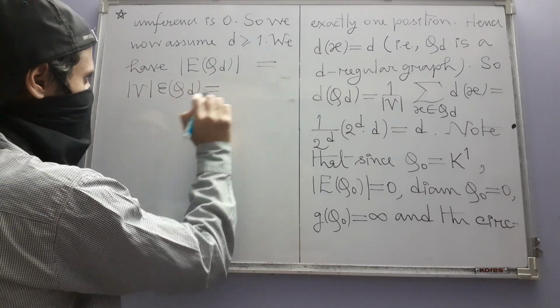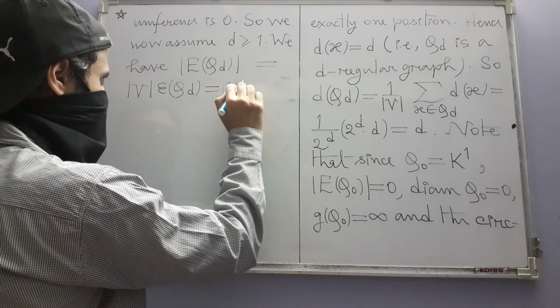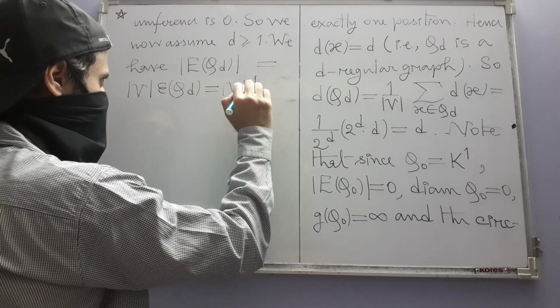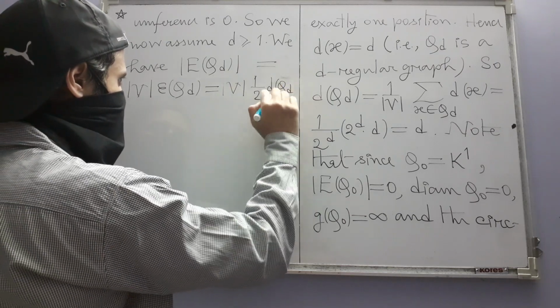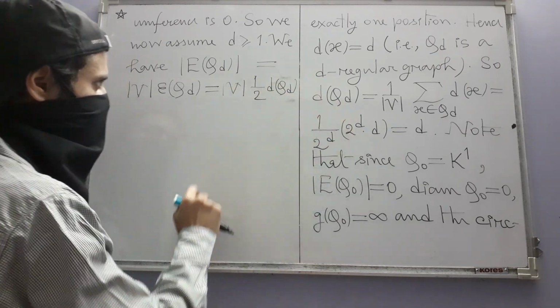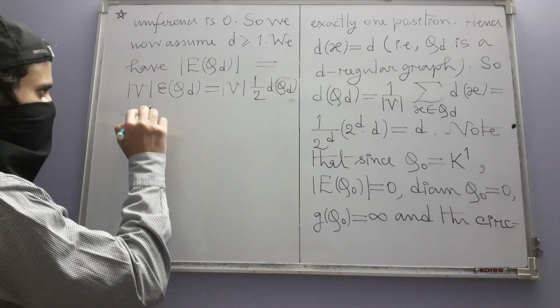And we also know the relationship between epsilon and d, which is just this. The epsilon value is half of the d value. And now since we already know this, immediately we have our answer.